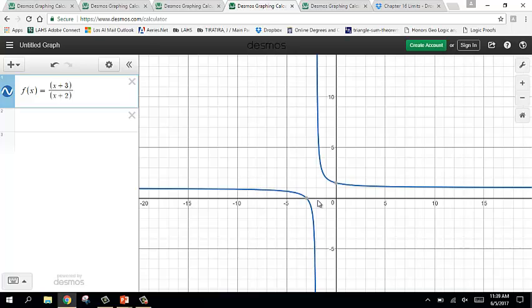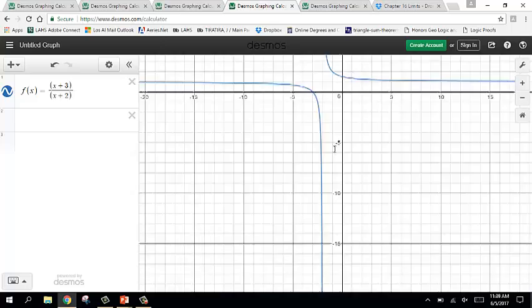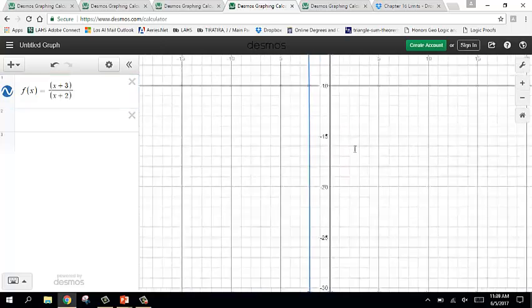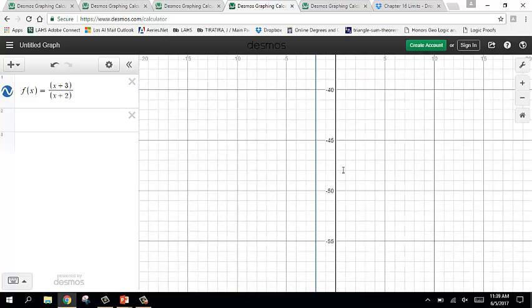If I were asking you what's the limit from the left side, so here's the left side, and I get closer and closer to -2, then the y value is just going to keep going to -infinity.